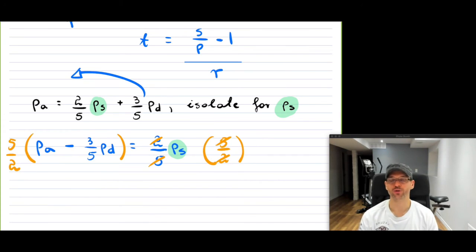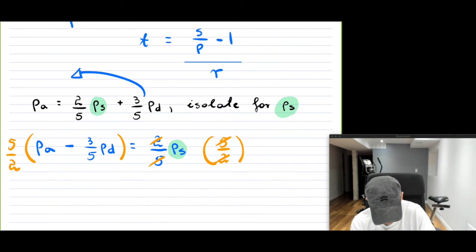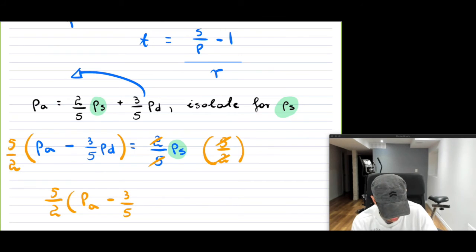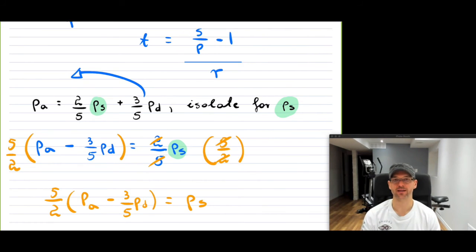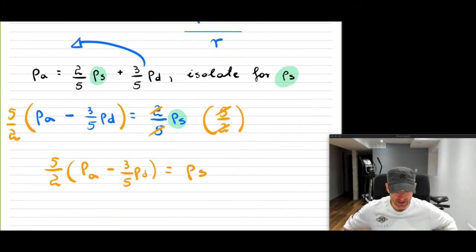Because it's a formula, what we end up with is 5 over 2 multiplied by PA minus 3 over 5 PD is equal to PS. And that's it. You have rearranged or isolated for what you wanted.